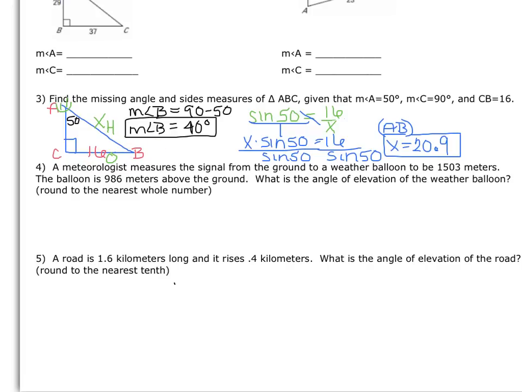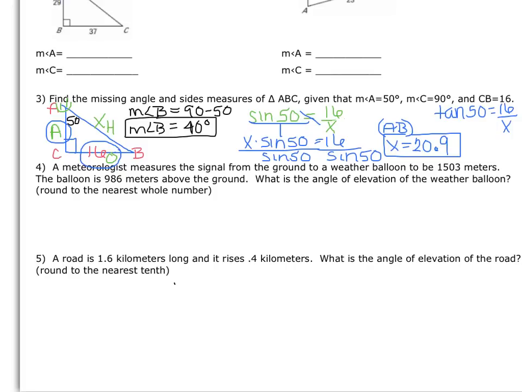Since I'm already in the trig mood, I'm going to go ahead and just do trig again, and I'm going to look for now the adjacent leg. So I'm going to use the opposite and the adjacent. That's going to be tangent of the angle. The opposite leg here is 16 over the adjacent is what I want.